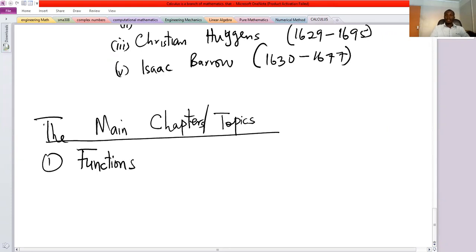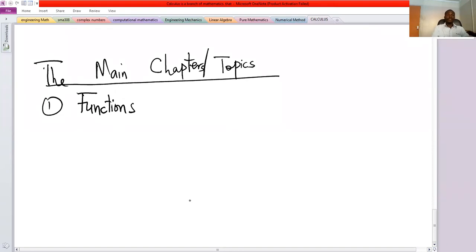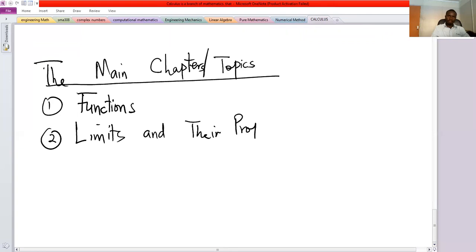You can't study calculus without having knowledge of functions. And then another main chapter is limits, limits and their properties, and continuity. These are another major ingredient of calculus.